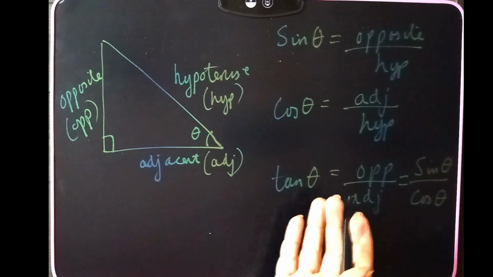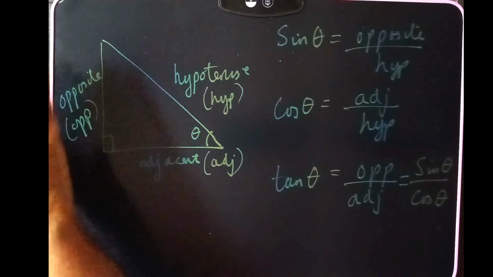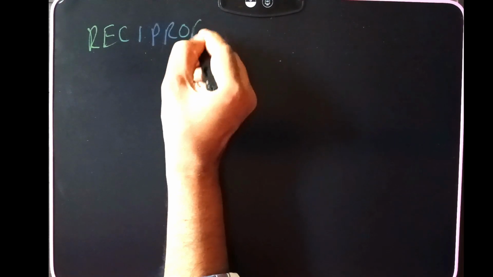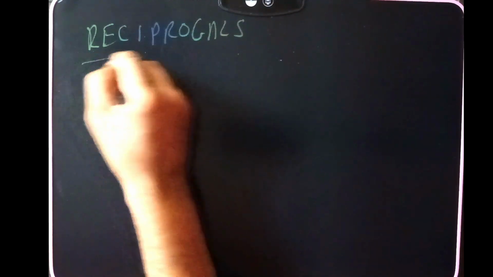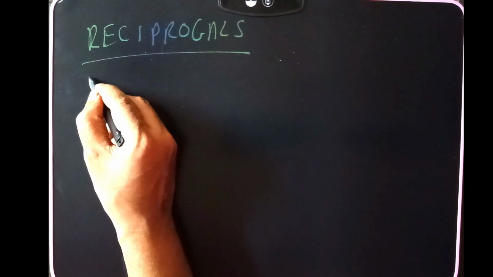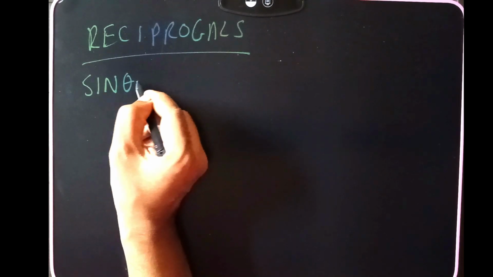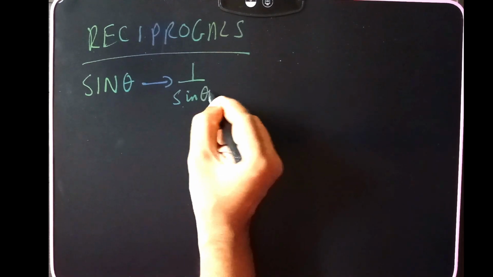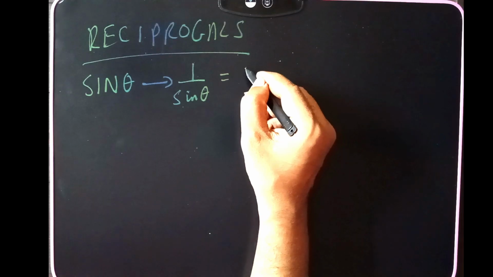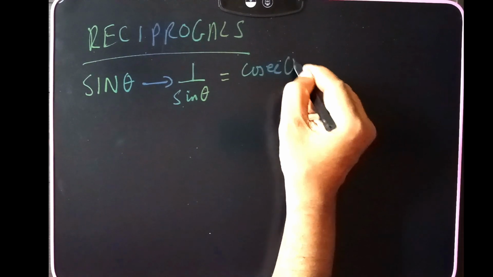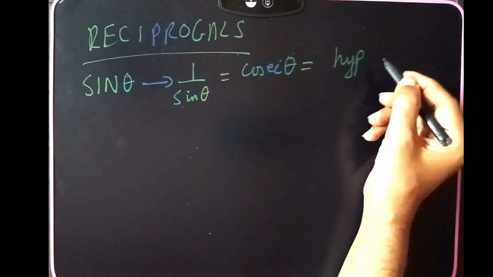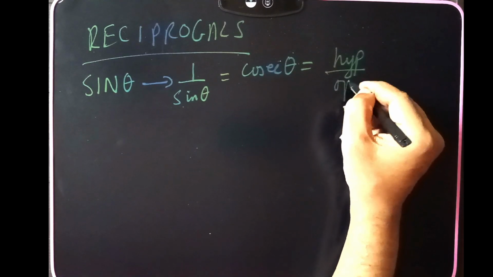Now we'll see the reciprocals of these particular ratios. Reciprocals. Sine theta reciprocal is 1 by sine theta, which is equal to cosec theta. So here the hypotenuse will be on the numerator, hypotenuse divided by opposite side.